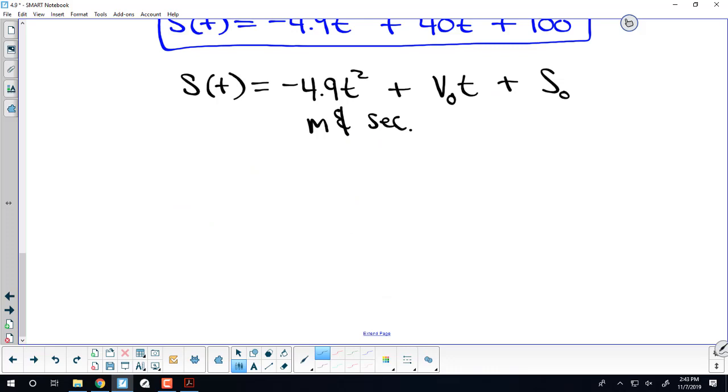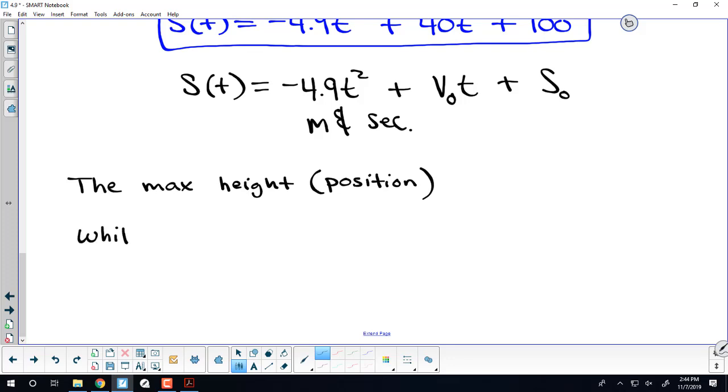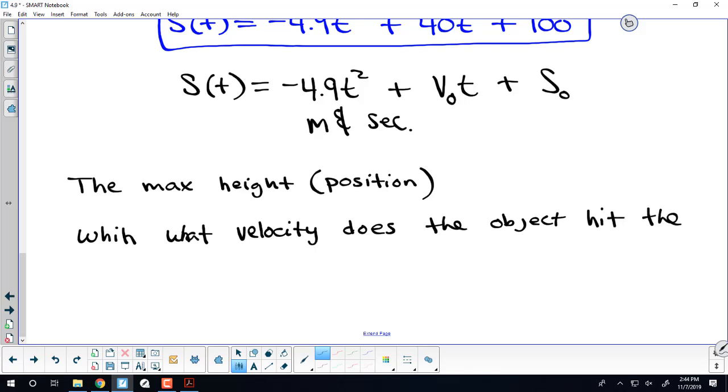With these problems, you should still be familiar with things like finding the maximum height, and other stuff like with what velocity the object hits the ground, and so on.